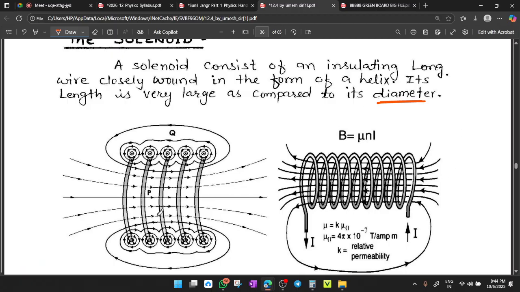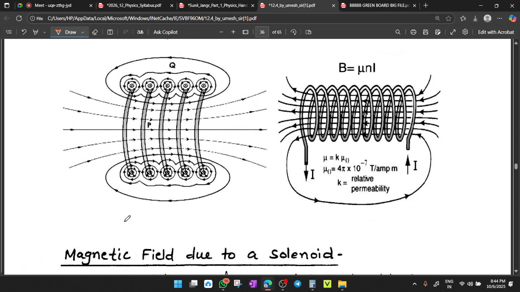Right. So this is the field in a solenoid. Like here, the current is going inside, and the current is coming outside. So this is the north pole, and this one is the south pole, and the solenoid behaves like a bar magnet, right?